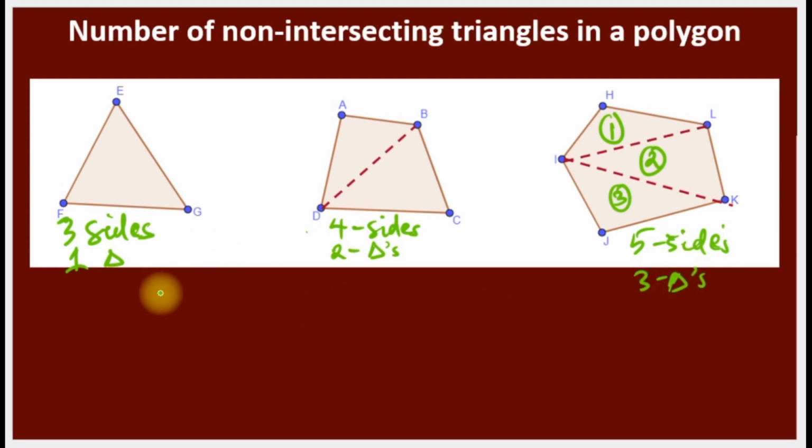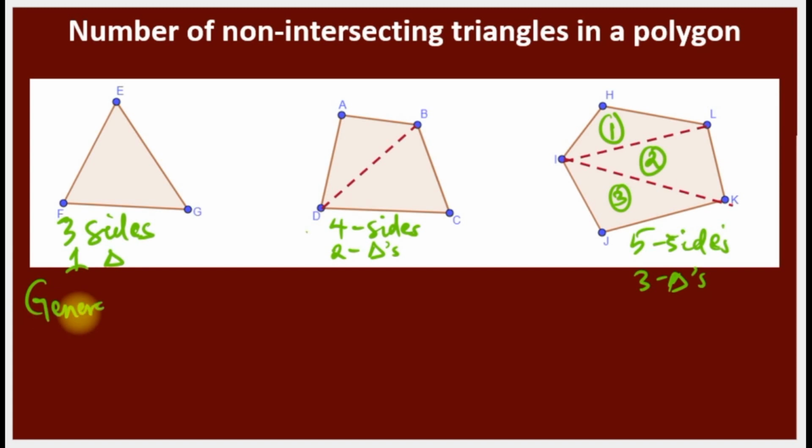What do you notice here? You notice the difference. What's 3 minus 1? 2, right? 4 minus 2 is 2, and 5 minus 3 is 2. So it's always constant. So how do you get the number of non-intersecting triangles?